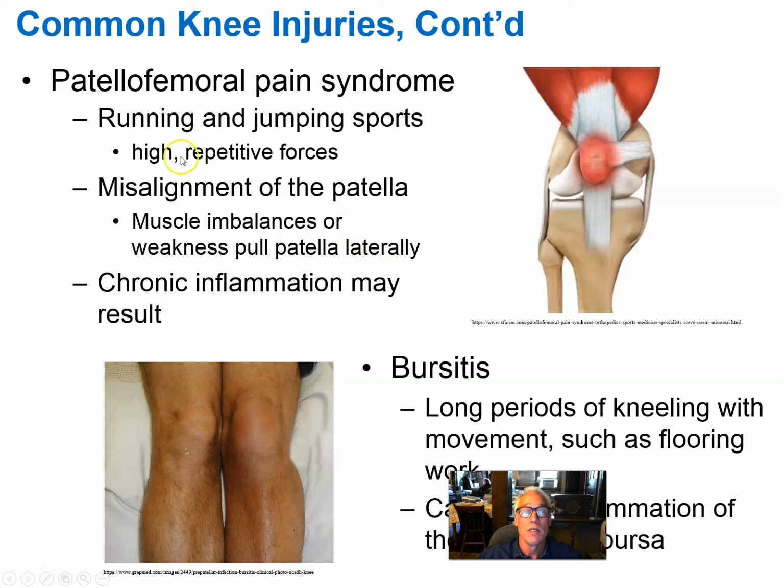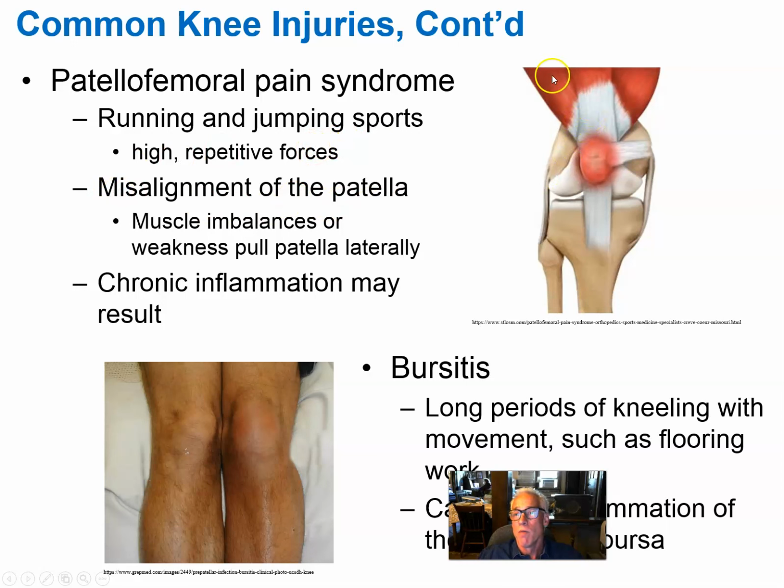Other common knee injuries: runner's knee, or patellofemoral knee pain syndrome, can be produced by running and jumping sports, where you have repetitive impact forces on the knee, or just a lot of distance running that will sometimes create some overuse injury, some rubbing of the patella on the femur that leads eventually to inflammation and pain.